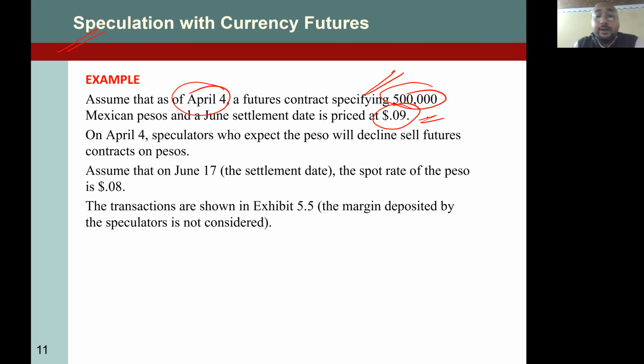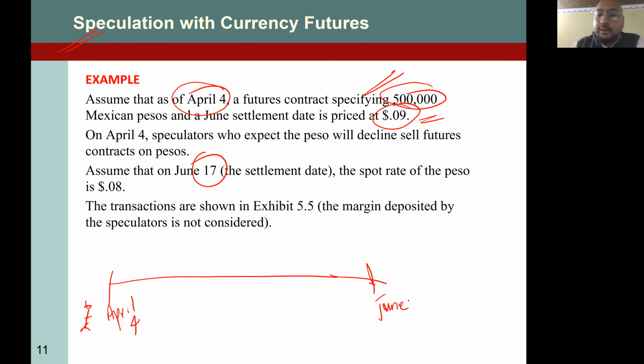So where you are right now is April 4, and the June settlement date, assume June 17.